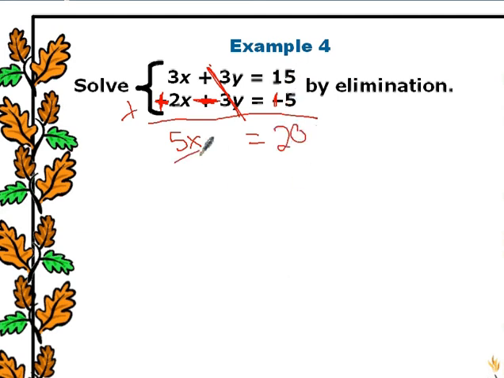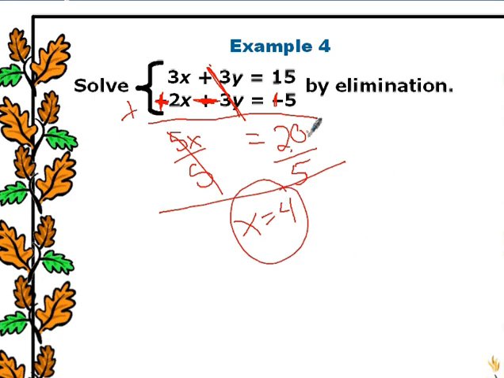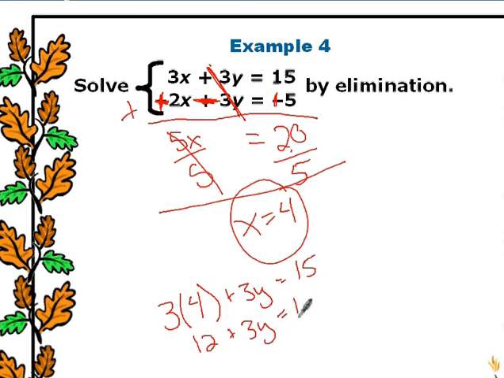Then we solve for x. Divide by 5, divide by 5. X equals 4. So there's part of our answer. And then we take this x equals 4 and we plug it back into one of these. So let's plug it into the top one. 3 times, and instead of x, we're going to put 4, plus 3y equals 15. 3 times 4 is 12, plus 3y equals 15.